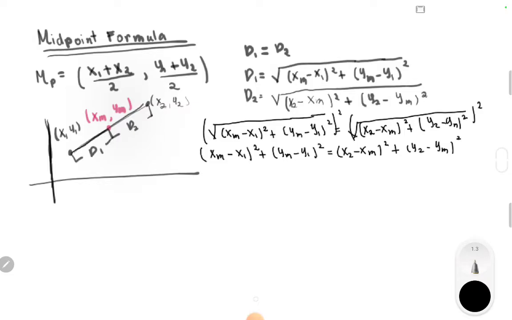Of course, the next thing to do is to perform the basic operation in our equation, squaring both sides.